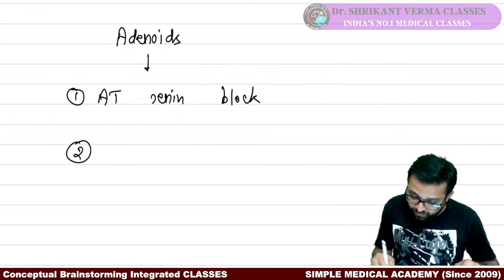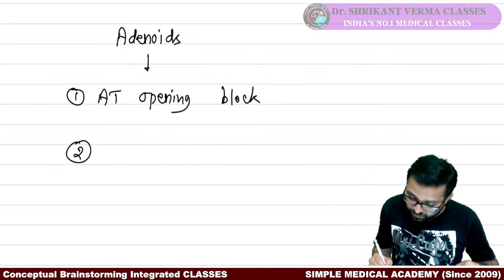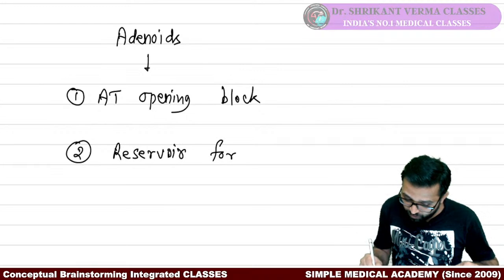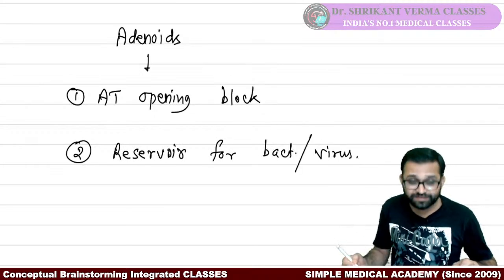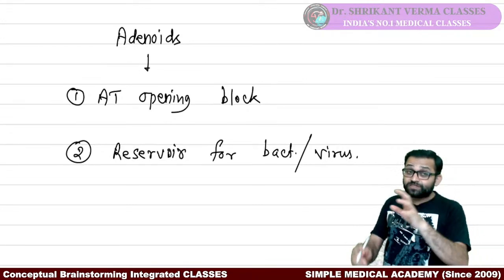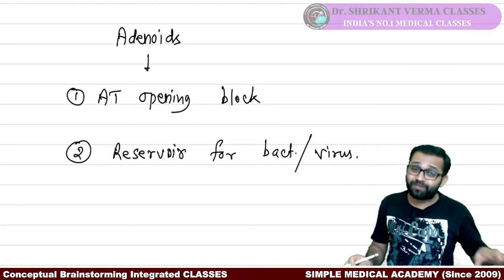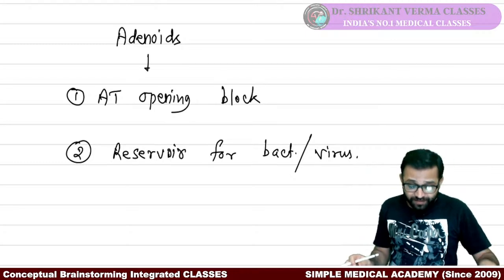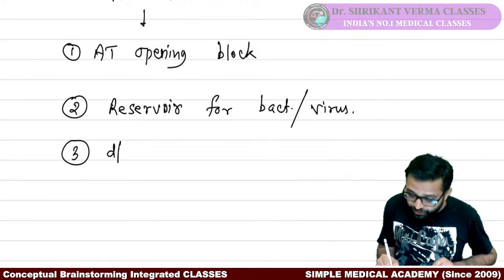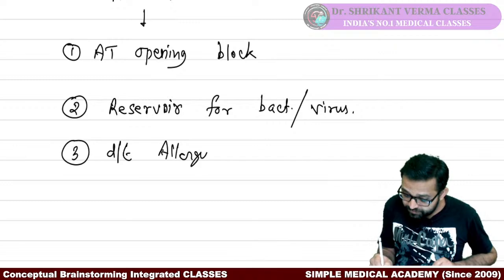Also, it is a reservoir for bacteria or virus. Adenoid is the lymphatic aggregation site, which is the site for bacteria and virus. Okay, now try to understand the third point also, due to allergy.